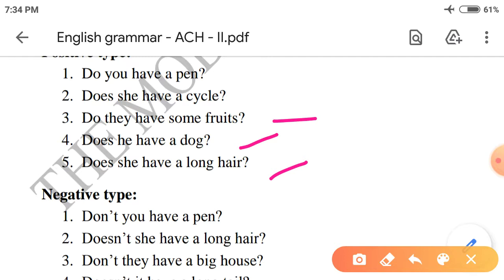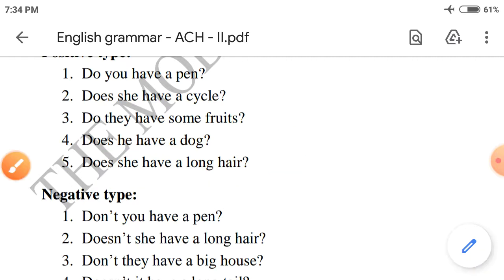No. Because does is present. So when does is present, has won't come; only have should come when the subject is he, she, it. See the fourth example. Does he have a dog? So does means have. Okay. Does she have a long hair? Like that.